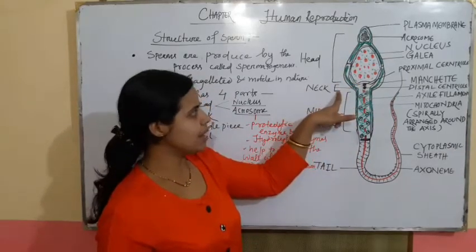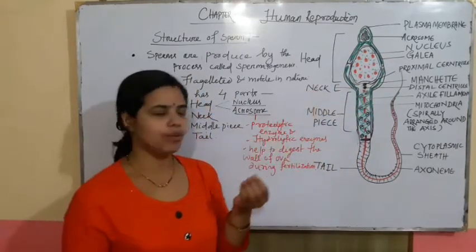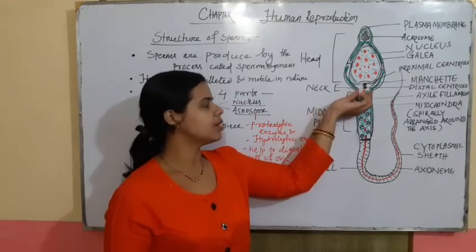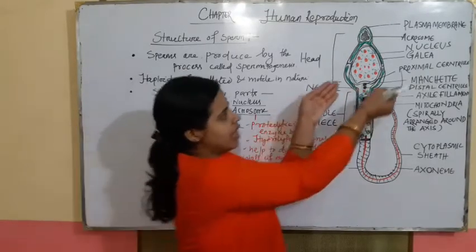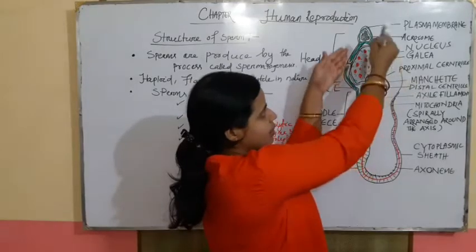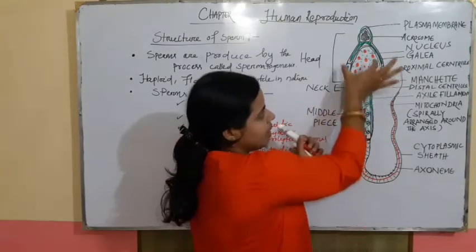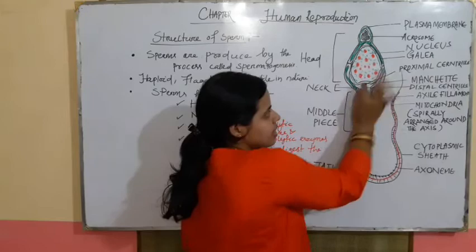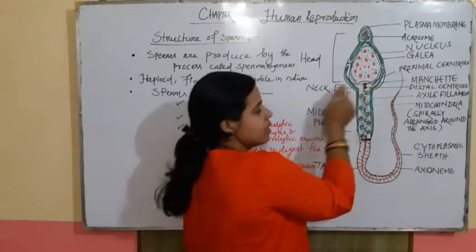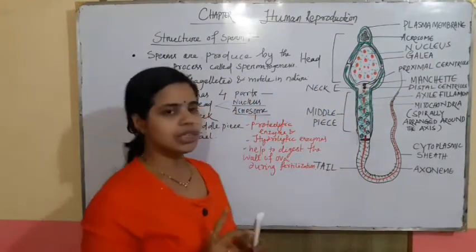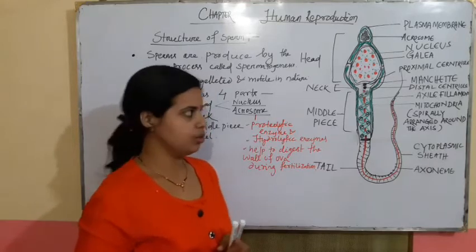And come to the next part, that is the neck part. A very narrow portion is there at the neck region. A slight depression occurs between the head part and the middle piece. So this narrow depression is the neck region, which consists of two centrioles.